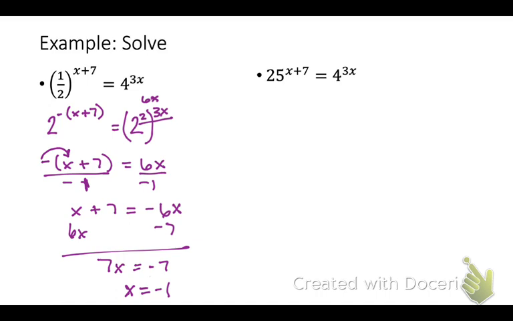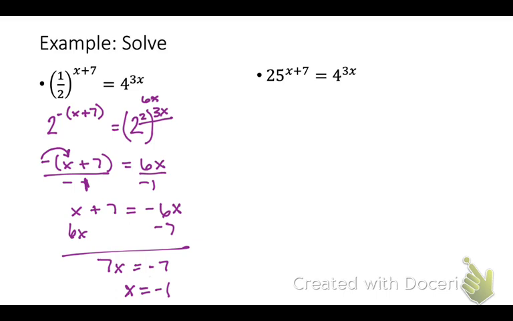Well, I got to get the variable out of the exponent. Is there a property somewhere that takes an exponent and gets it out of an exponent? Nope. Isn't that something? What about logs?